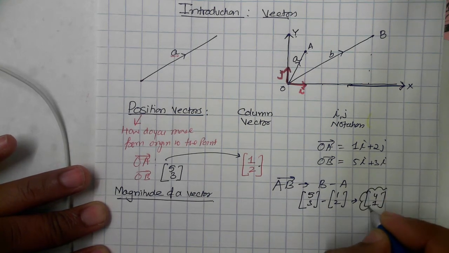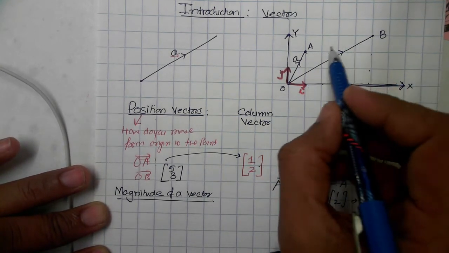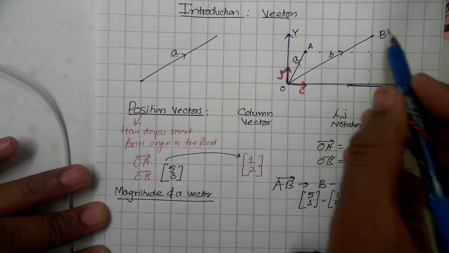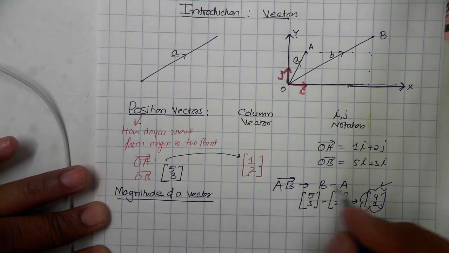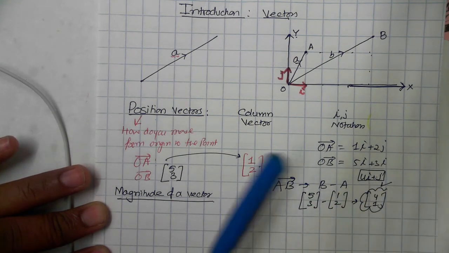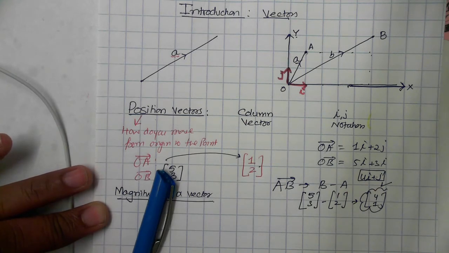We can see that as well: if I want to move from A to B, I go 1, 2, 3, 4 steps to the right and 1 up. So it is (4, 1), or 4i plus 1j.